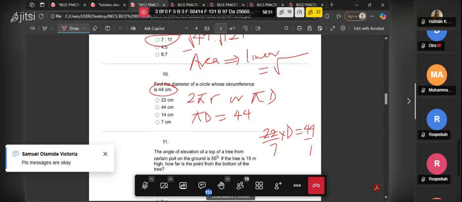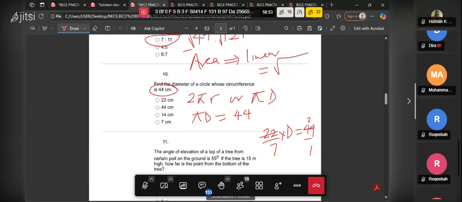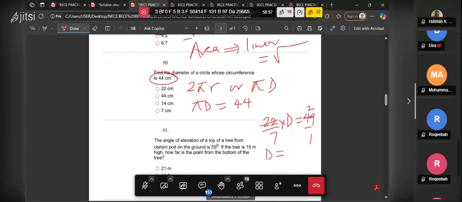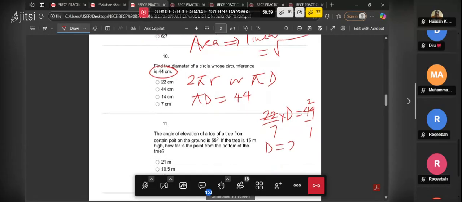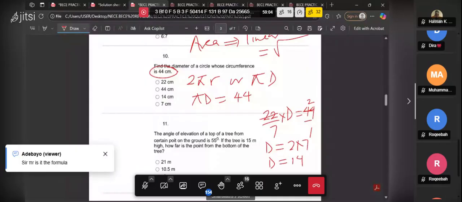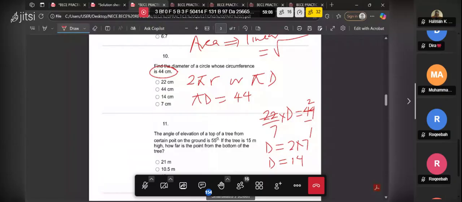So this 22 can divide 44. That is 2. So d equals 2 times 7, which means the diameter is equal to 14. And if you don't want to do it that way, you have 22d over 7 equals 44.